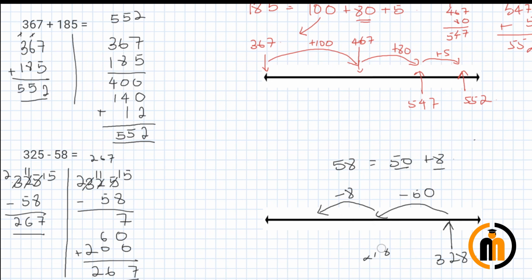Okay, this is not 278. I'm so sorry. We have 325. I wrote it as 328, it was a mistake. 325 minus the 50. Let me confirm this. 325 minus 50, yes.